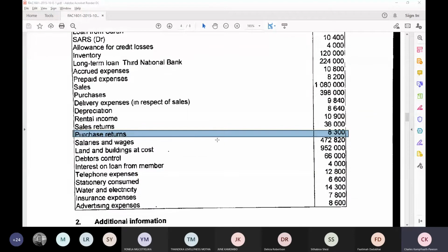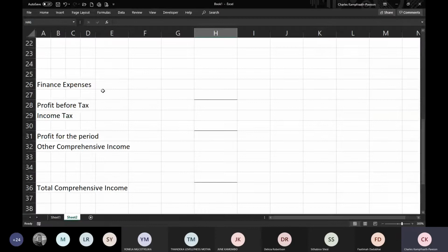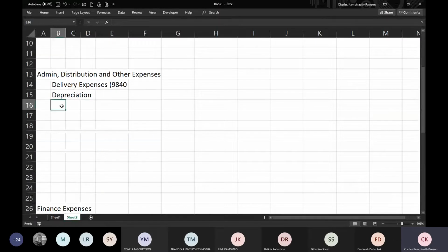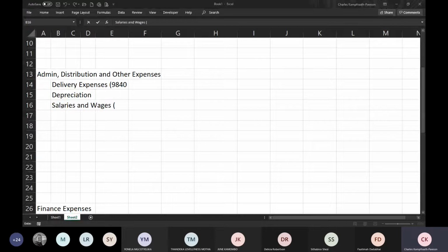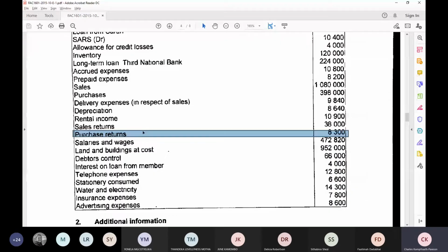Salaries and wages. So let's go to admin. We have salaries. Guys, this is just my method of attempting a question.